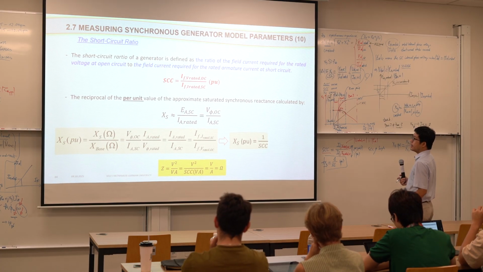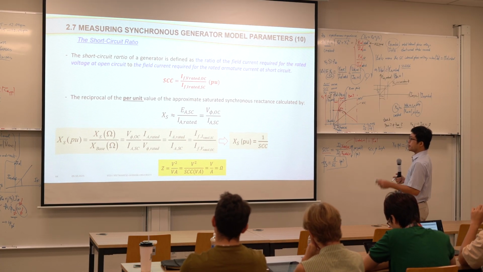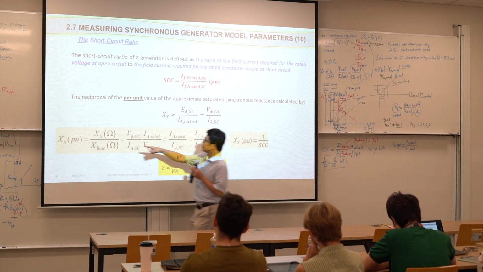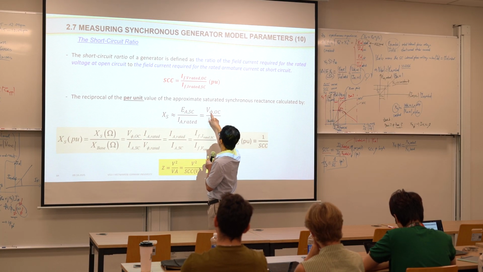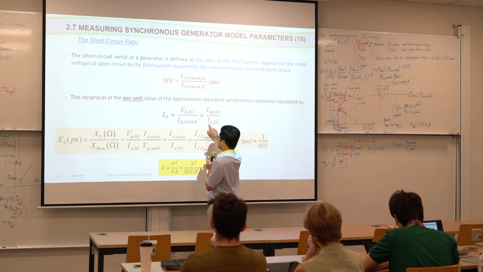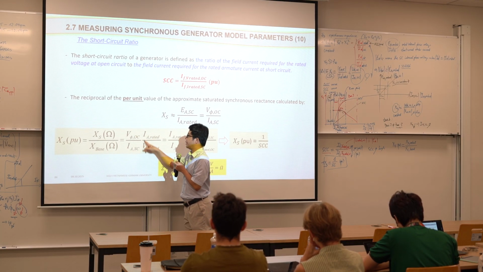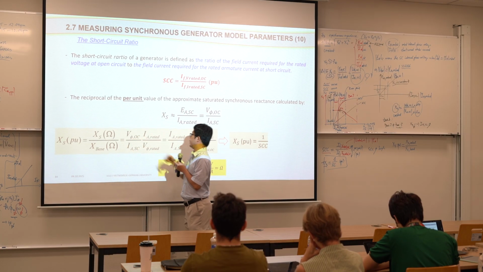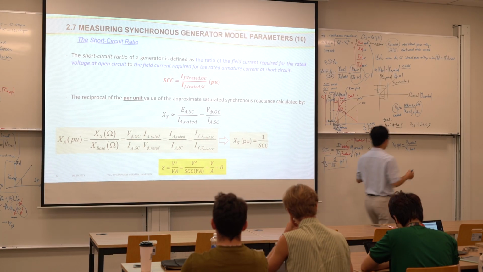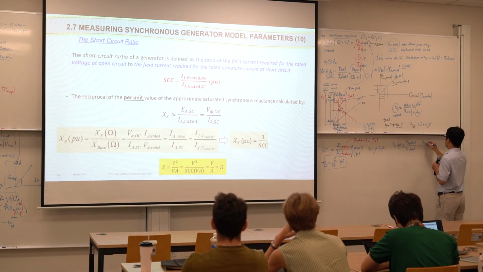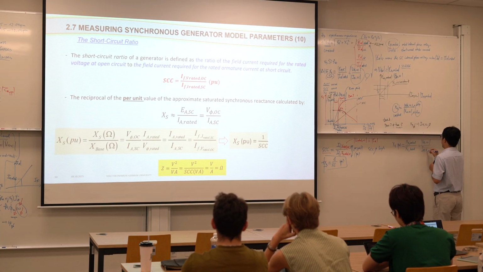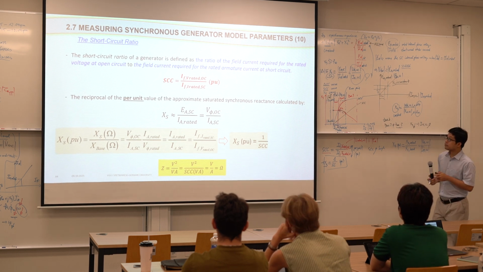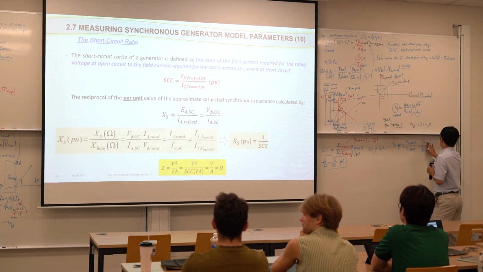And XS here is equal to this ratio, V open circuit divided by IA short circuit, right? So we have XS is V open circuit over IA short circuit. Sorry, open circuit.